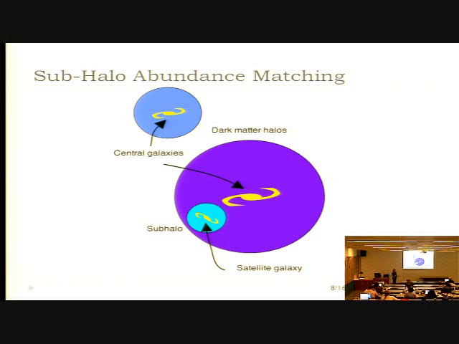Unfortunately, it's not quite that easy, because the subhalos that come in tend to get stripped of their dark matter, and as a consequence, the mass is much lower, and so the galaxy at the center, which is not stripped very much upon accretion, at least immediately, will tend to have much higher stellar mass for its subhalo mass than you would expect. So as a consequence, you have to do something a little bit different.